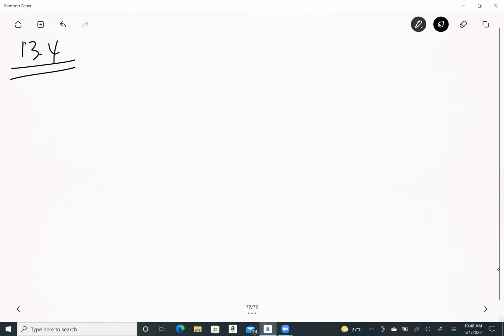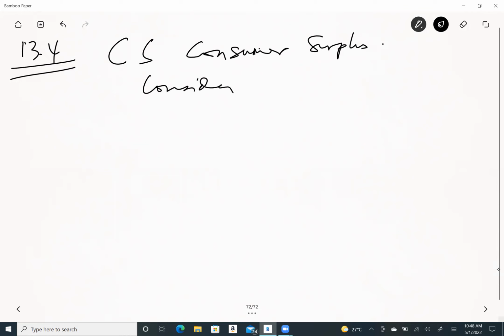Okay, now what is consumer surplus? So here you have CS. Again, this is a concept of economics. All right, so consumer surplus, what is it? You consider the demand function. Consider demand, supply.